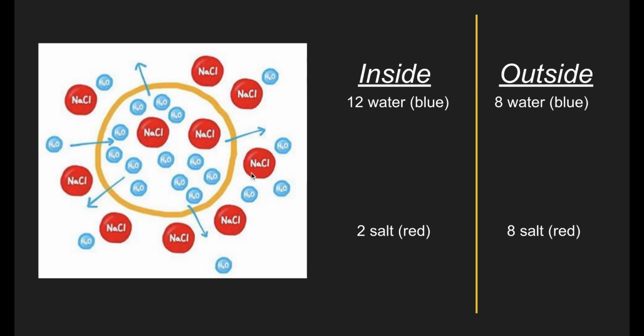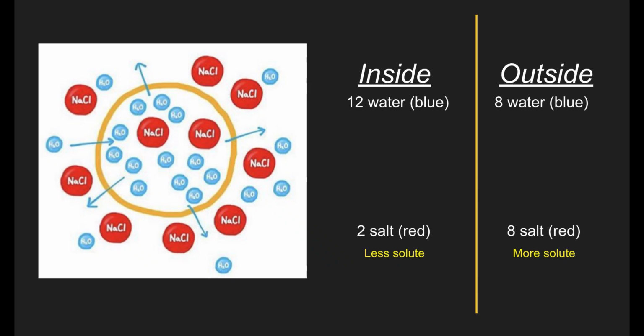Okay, once you've established the amount of water and the amount of salt inside and outside the cell, you can actually predict what the cell is going to do to maintain homeostasis here. Notice there's less solute, less red dots on the inside of the cell, and there's more solute on the outside of the cell.